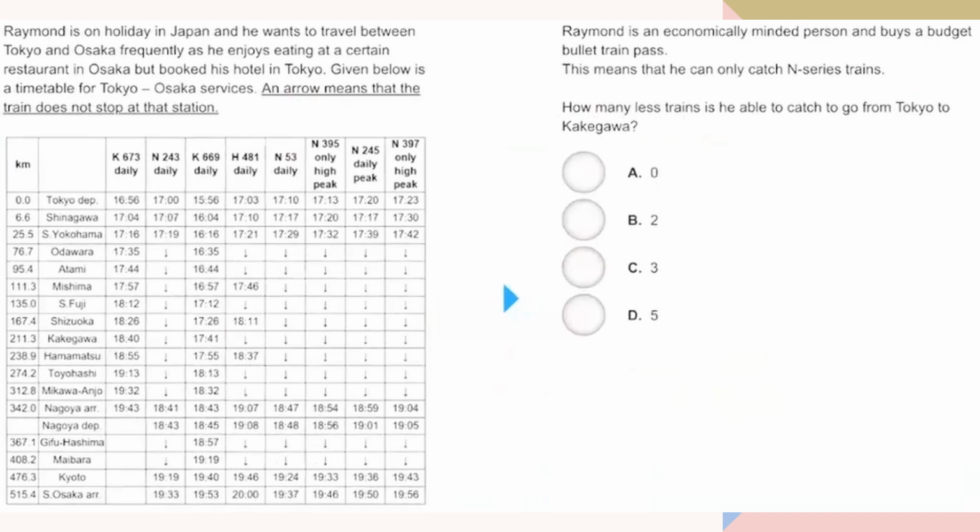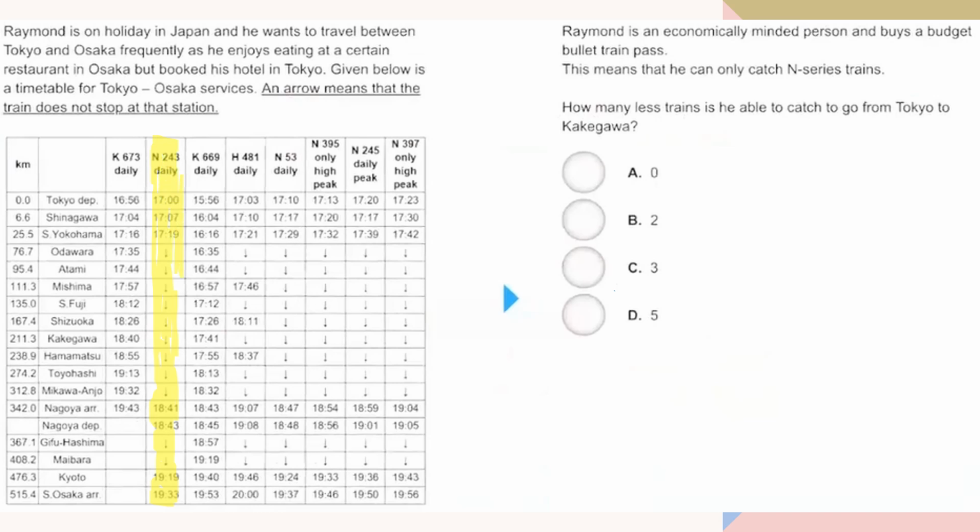So, this question: Raymond is an economically minded person and buys a budget bullet train pass. That means he can only catch any N-series trains. So let's highlight what the N-series trains are. N-series trains are these trains. I'll just highlight them so it'll be easy.